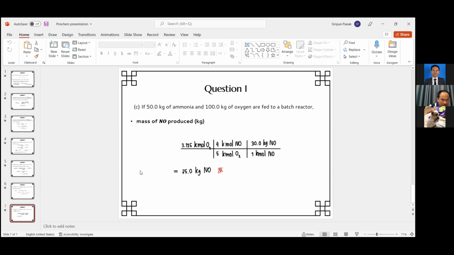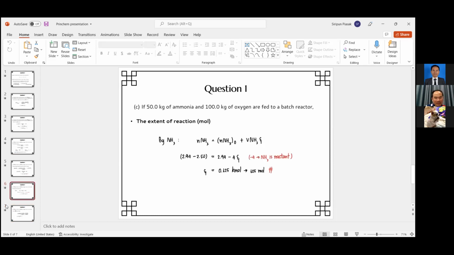I think you calculate using the extent of reaction. You know the amount of ammonia at the outlet, the final amount of ammonia, and also you can calculate the final amount of oxygen. Put back the previous slide, slide number 6.